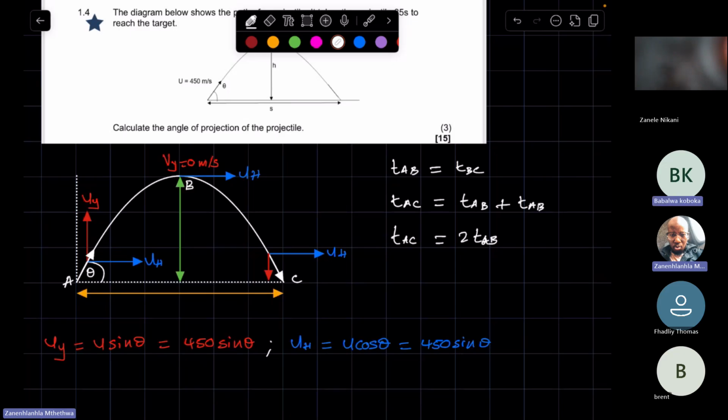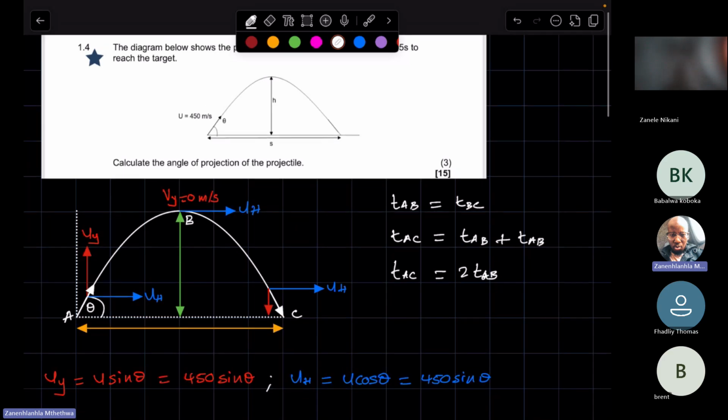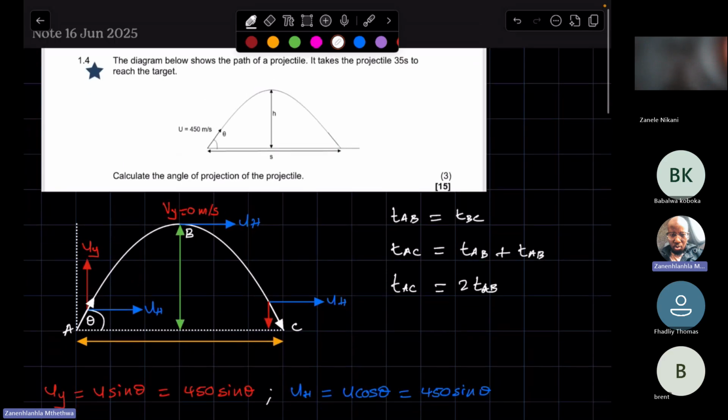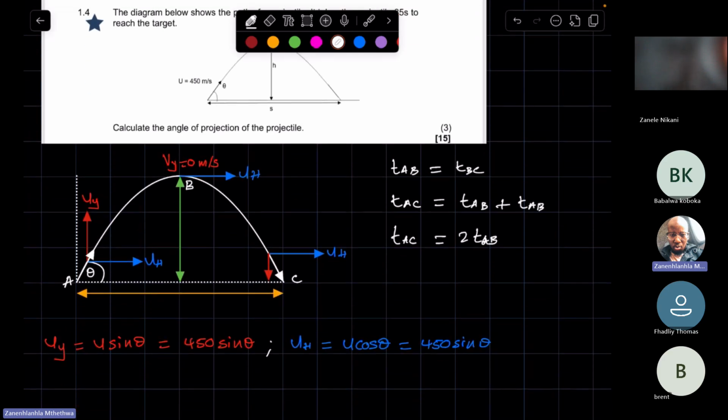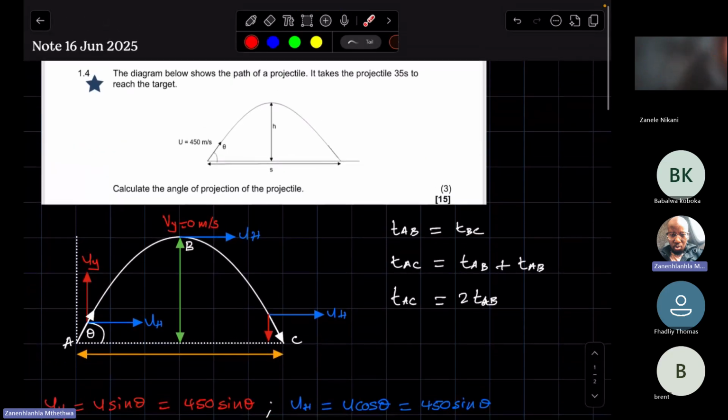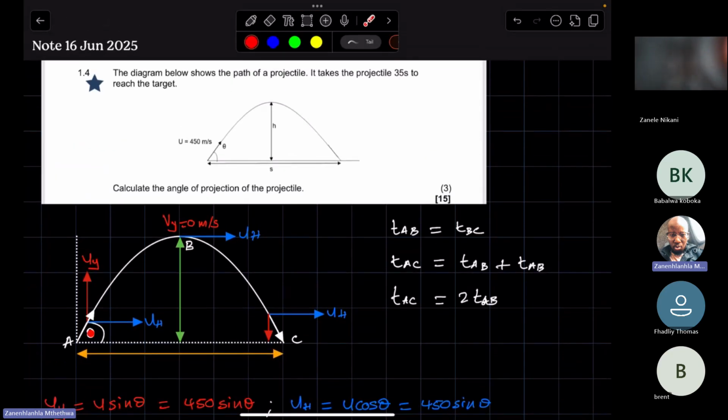Yes, sir. Right. So essentially, this is what we have been given. So the angle that we have to calculate, now, this is the thing with projectiles, especially when having to calculate the angle. It is important that you make use of what has been given.